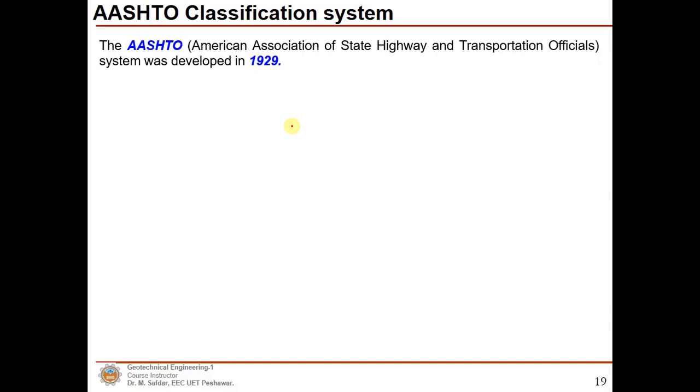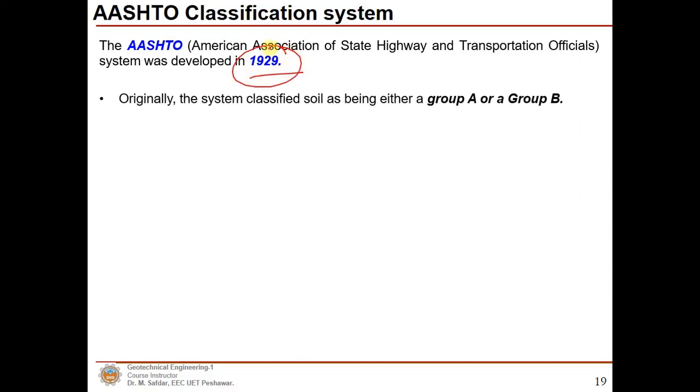Now, AASHTO stands for the American Association of State Highway and Transportation Officials. That system was developed in 1929. Originally, the system classified soil as being either group A material or group B material.